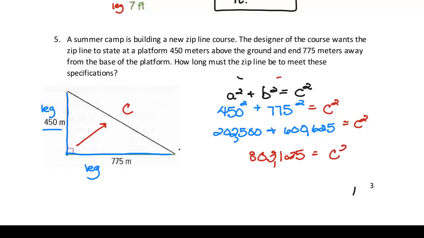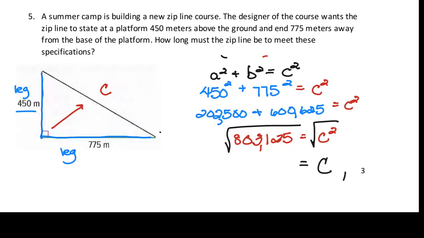That's equal to C squared, but we don't want C squared, so we take the square root. And C is equal to, I have no idea, 896.17. Okay. If we round to the tenths place, that is one place. To round, I actually need to look to the right.